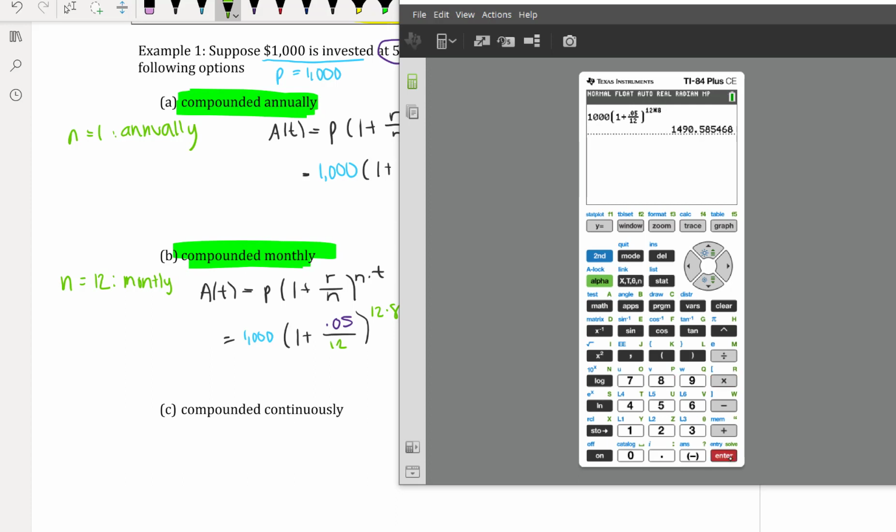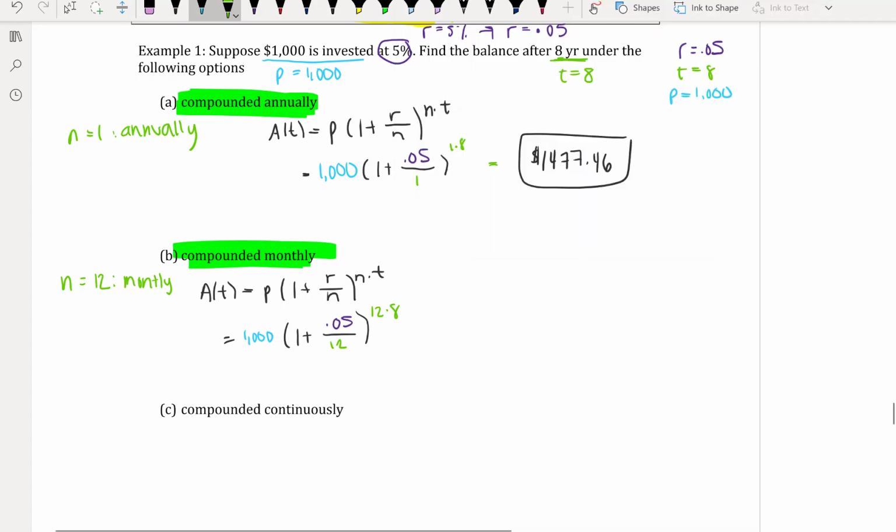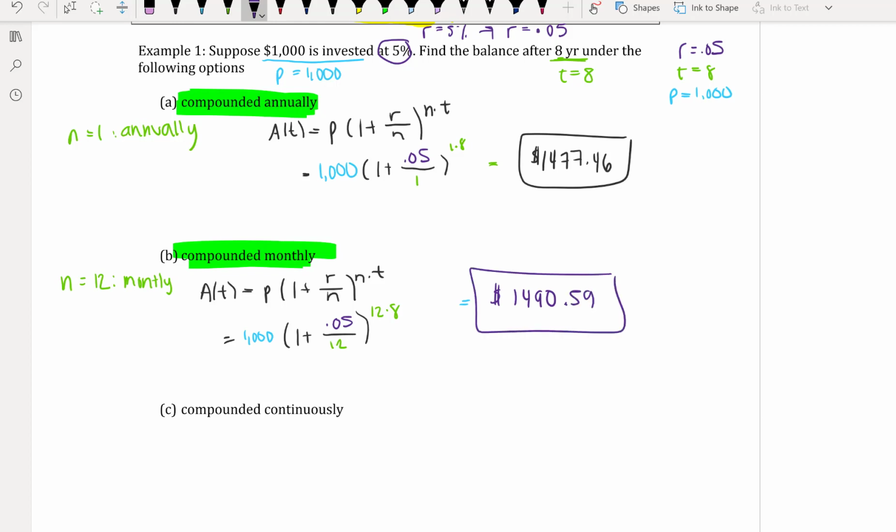So I'm going to get 1490.59. Hopefully you guys remember it was going to be that 0.59 because it's money and I always round to the 2 decimal places. So this is going to be 1490.59 since it's compounded monthly.